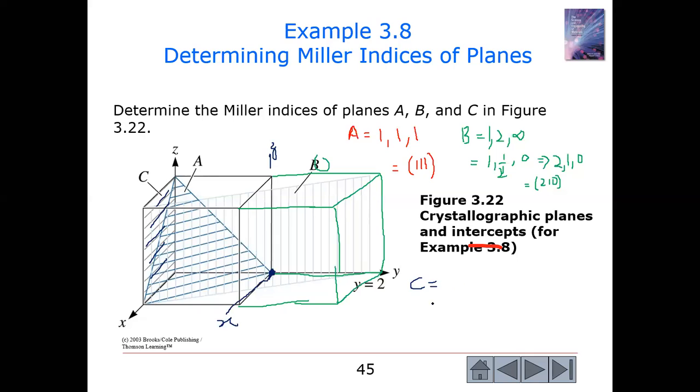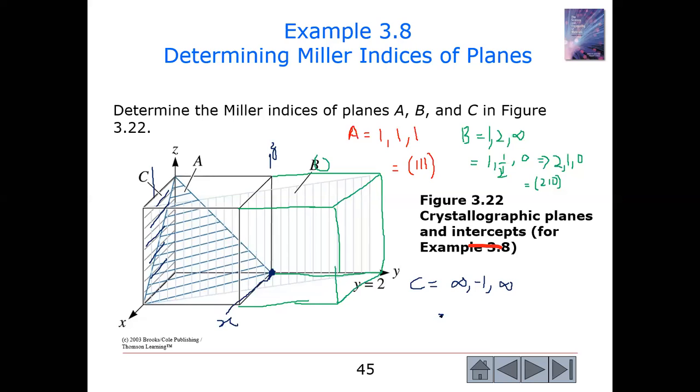So what are the intercepts of C? It is parallel to the x-axis, so the first one will be infinity. It is intercepting the y-axis at -1, because y is positive in this direction. So this is 0, this is 1, so this is -1. And it's also parallel to the z-axis, so it will be infinity.